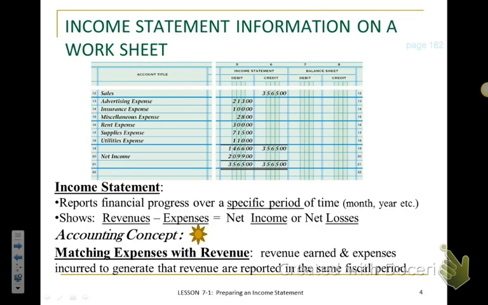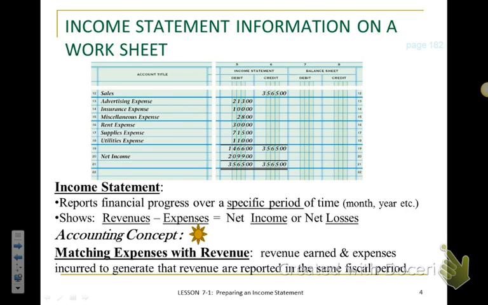And again, in our income statement, we're helping to apply the matching of expenses with revenue concept. We're trying to demonstrate that the revenue that we earned and the expenses that were incurred are reported in the same fiscal period.